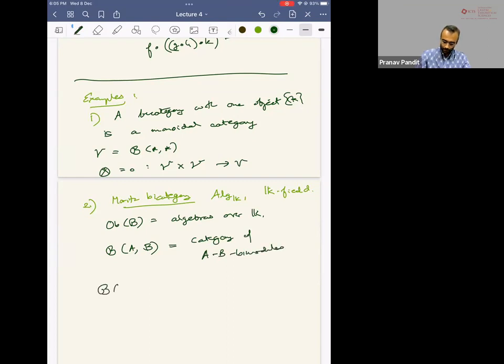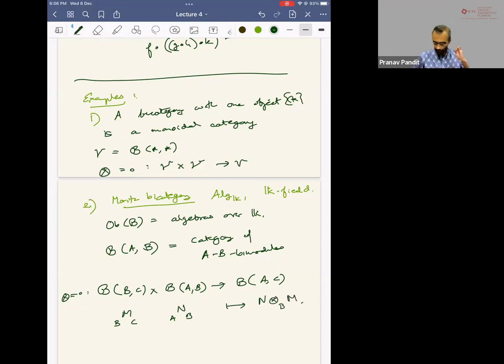Composition is tensor, and it takes M, which is a BC bimodule, and N, which is an AB bimodule, and sends it to N tensor over B M. Okay, so this is a very important example of a bicategory.